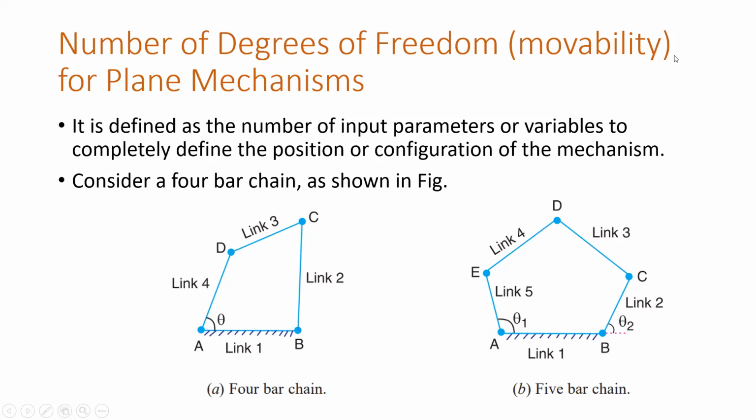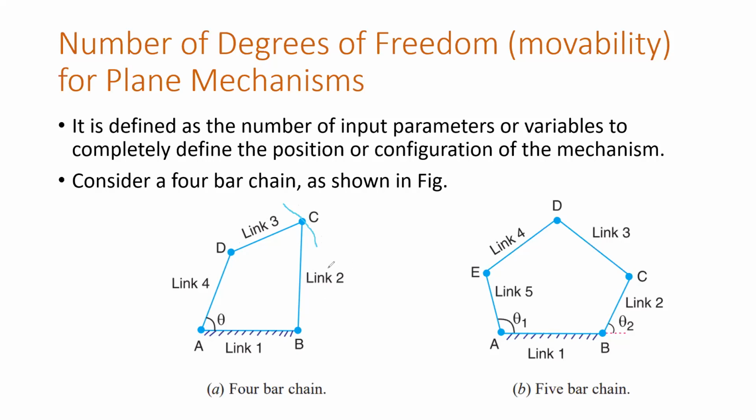Let me draw it. By taking the length of link 3 in compass, putting the compass at point D, you are drawing an arc like this, so that on this arc I should get point C. Similarly, point B I have.